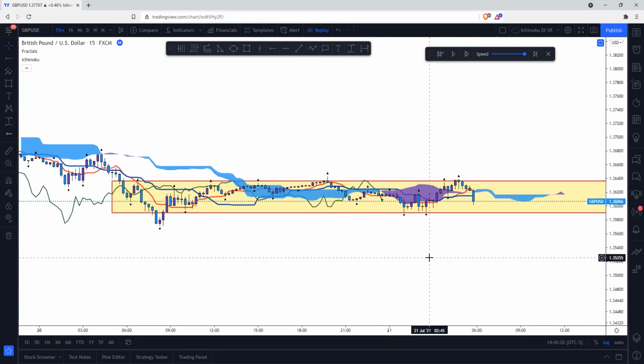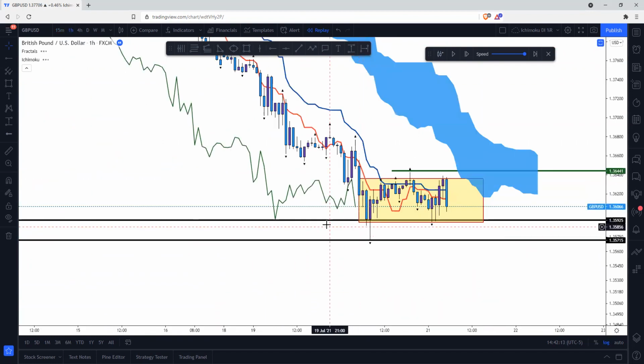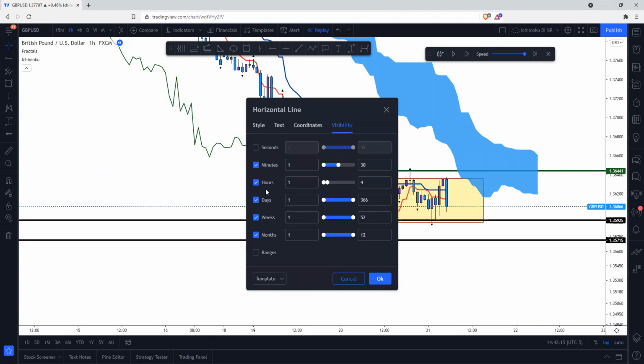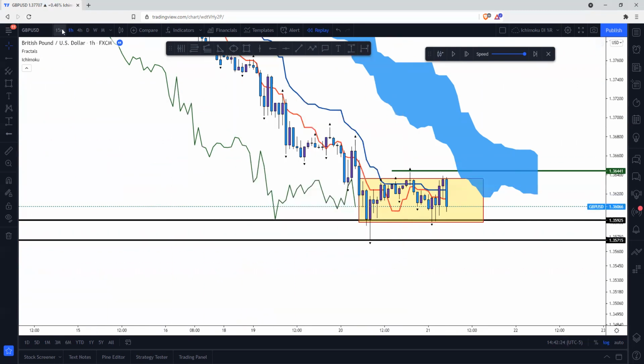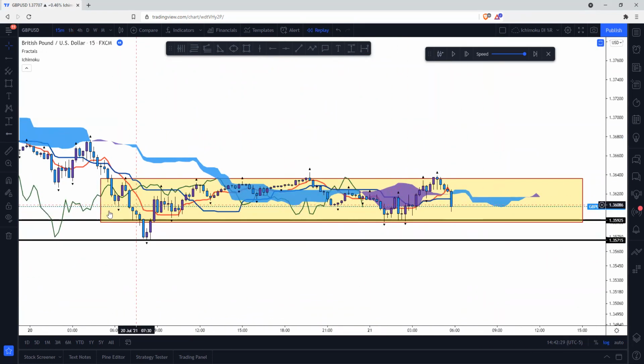So where would you guys have looked for a trade opportunity? Because in our minds, this could have been a short, but let's go back to that hour time frame. Let me put these on the 15-minute real quick, just so I can realize what's really going on here. Okay, so if we look here at the 15 again, we know this was the area that we marked up as a level of strong support for this market.